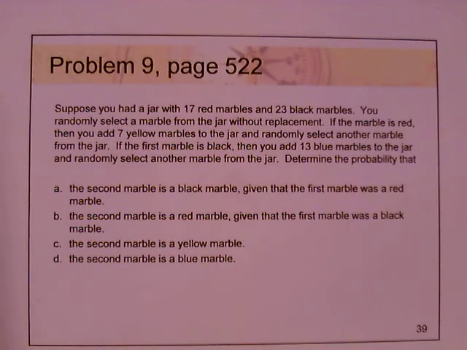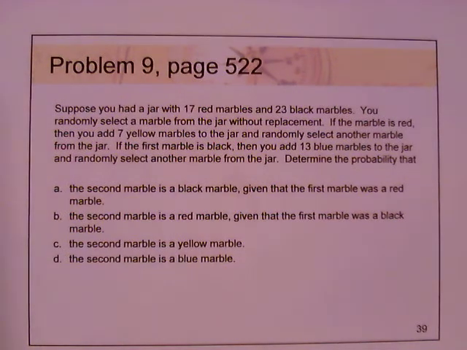Here you want to determine the probability that in part A the second marble is black, given that the first marble was a red marble, and then the second marble is a red marble, given that the first marble was a black marble in part B. Part C, the second marble is a yellow marble, and part D, the second marble is a blue marble.